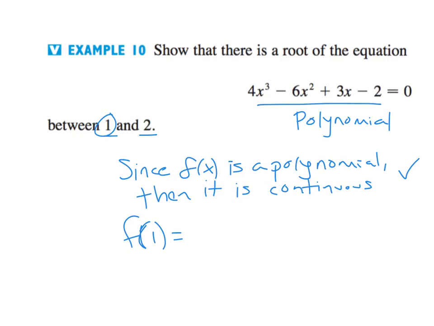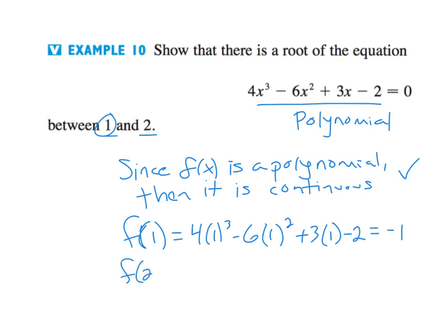If I sub in 1, I get 4 times 1 cubed minus 6 times 1 squared plus 3 times 1 minus 2. If I evaluate that, I get -1. So f of 1 is -1.